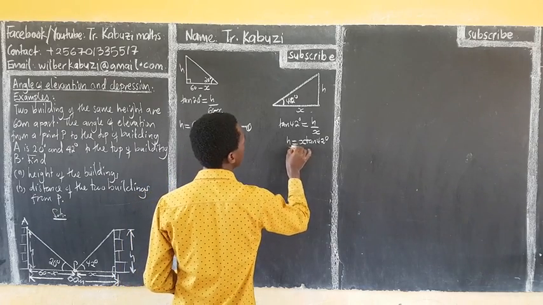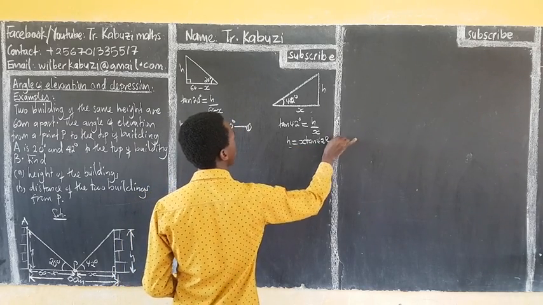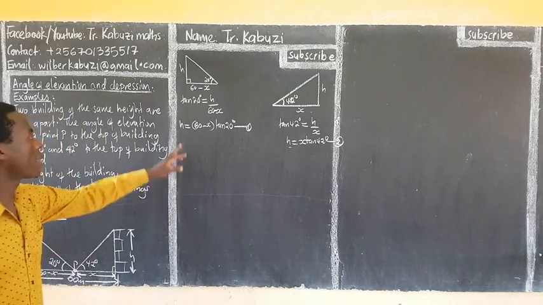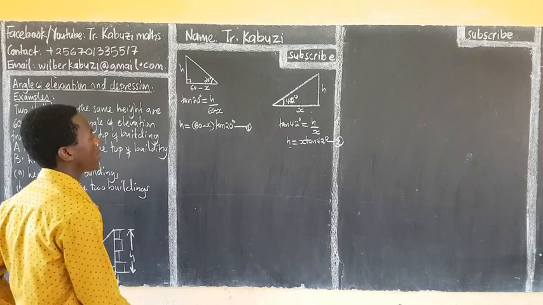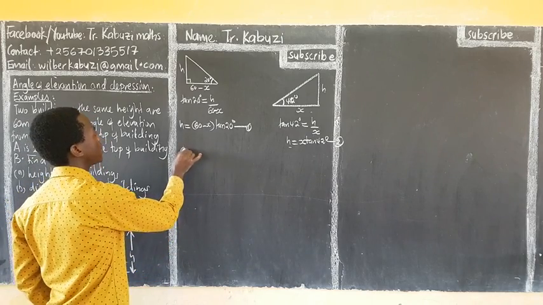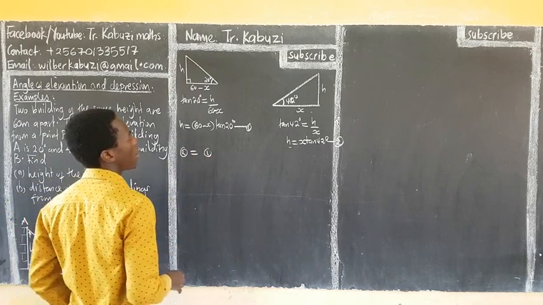So you have two equations now. Let us call this equation 2. These two are equal, so equation 2 is equal to equation 1.